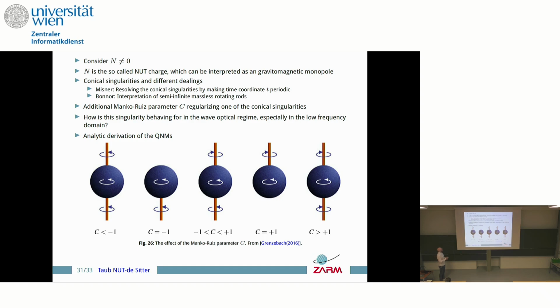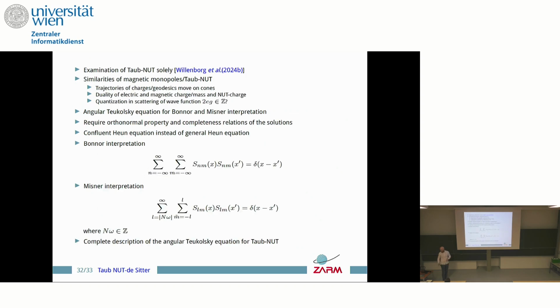But this is only possible by making the time coordinate periodic, and this is something which violates, for example, causality in a crucial manner. So we are interested in how the singularity behaves in the wave optical regime. Can you see it for lower frequencies, and how does it differ in these calculations?